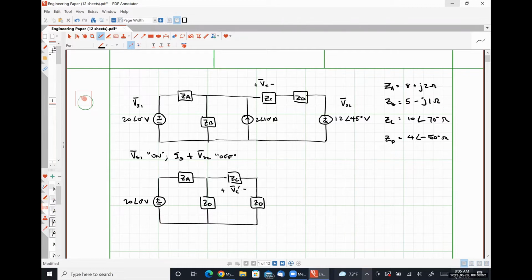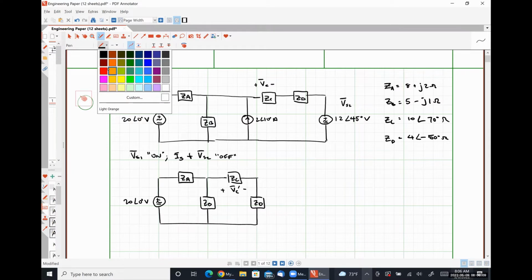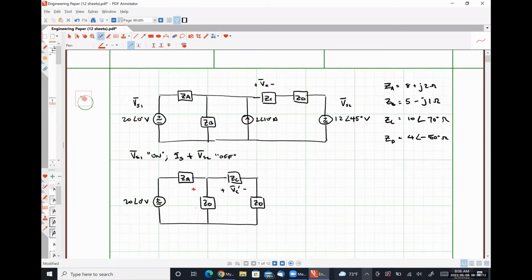So there are a couple of different ways that we could do this, but I'm going to specifically do it using voltage division because you guys asked for me to review voltage division. So what I'm going to do first is I'm going to call this voltage VB prime, and I'm going to talk you through what I'm going to do because I'm going to do it in a single step.